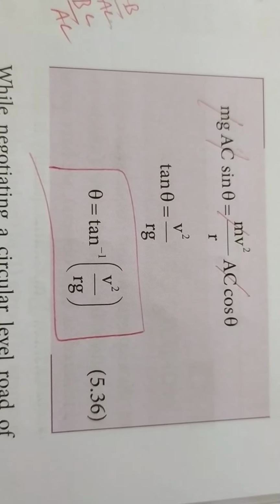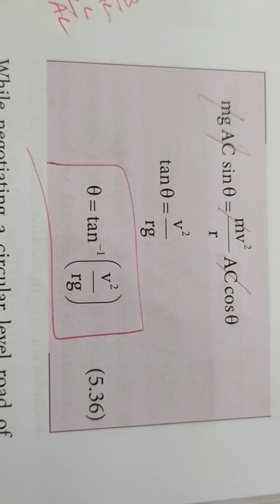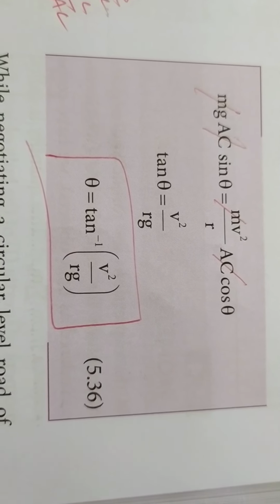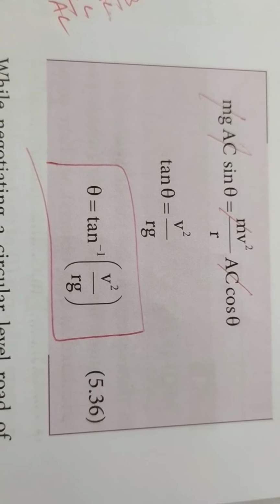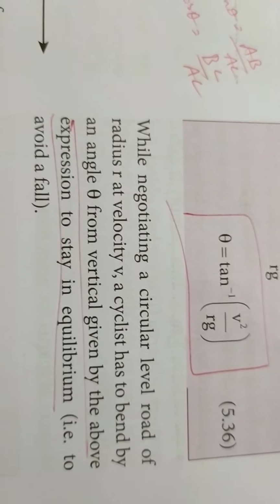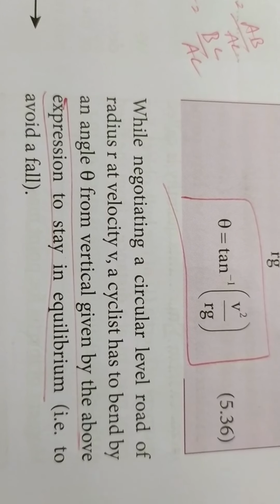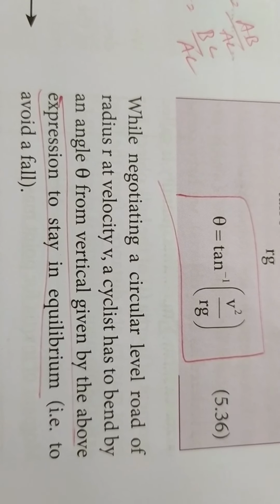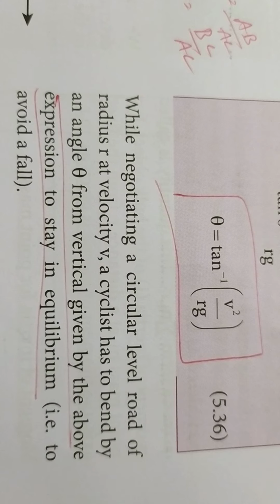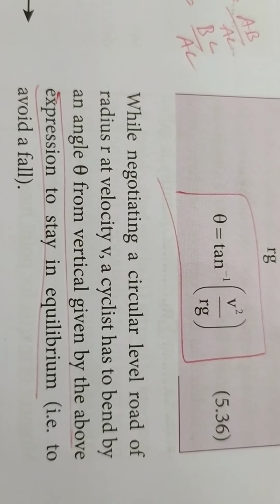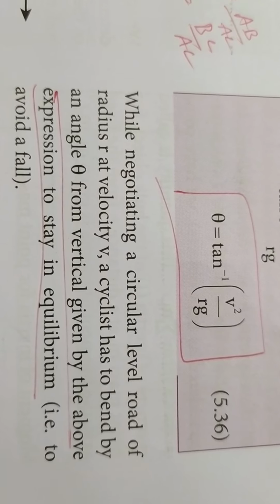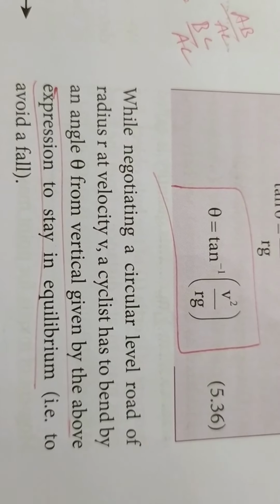So theta is equal to tan inverse of v square by rg. Here v is velocity, r is the radius of the circular path, and g is acceleration due to gravity. This angle should be maintained to stay in equilibrium. So this angle theta must be kept by this man to stay in equilibrium. So this is the bending of a cyclist in curves. Hope you understand, girls.